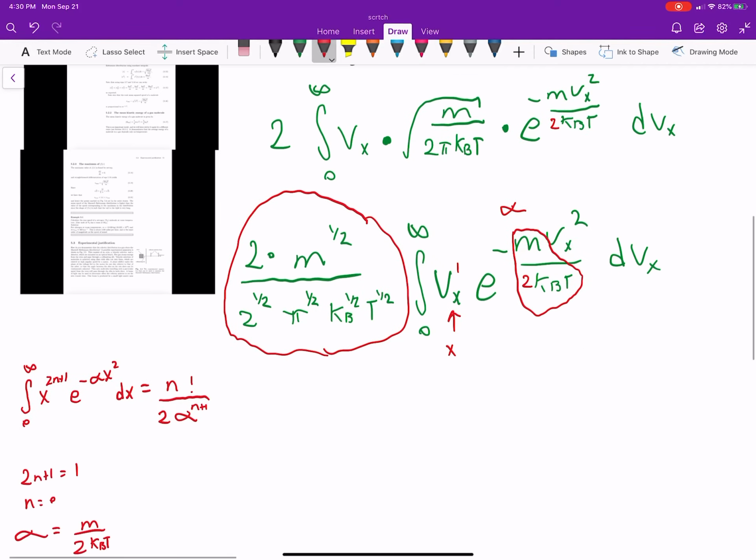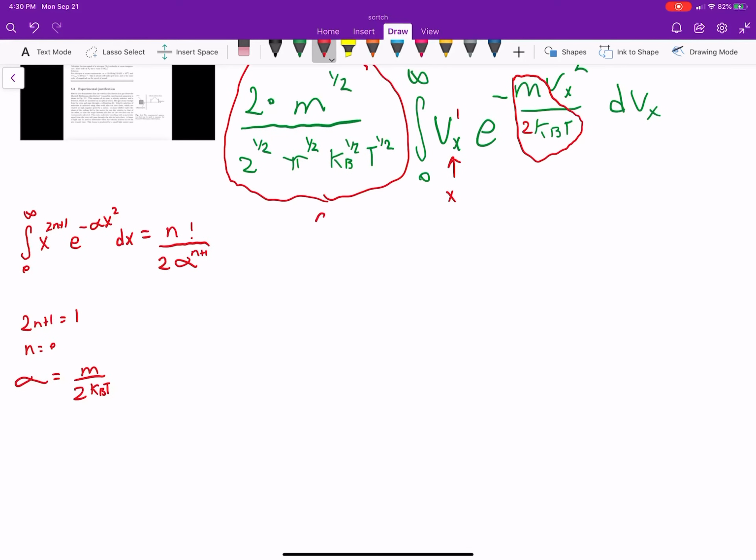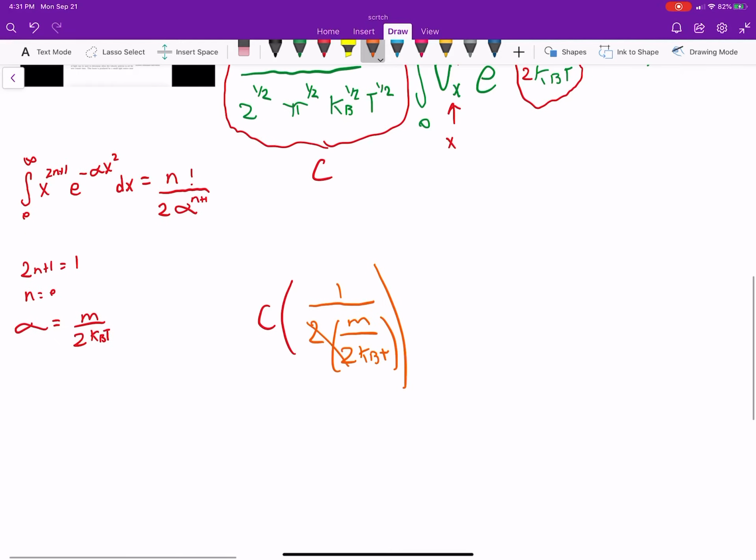So we have that. Now we can substitute this in. I'm just going to call this C for now. So C times n factorial, that's 0, so that's just 1, over 2 times alpha to the first power, which alpha is m divided by 2 kBT. I think we can see the 2's drop, and we have C kBT over m.